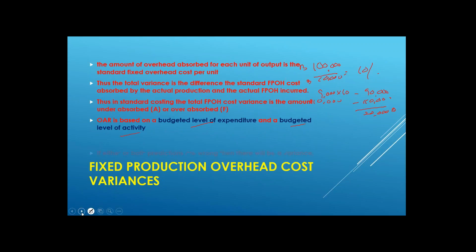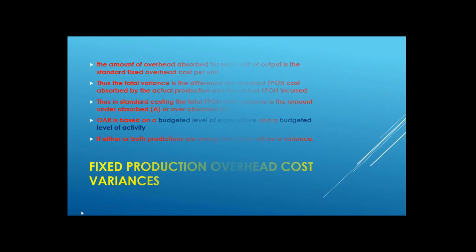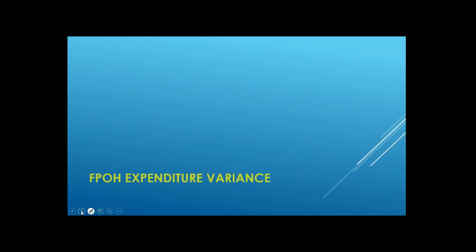That's how we get the standard overhead absorption rate. Both can go wrong, or one can go wrong. Instead of 100,000, it can be 110,000. Instead of 10,000, it can be 9,000. In this case, both have gone wrong. So there will be variances arising due to the expenditure and also due to the volume.